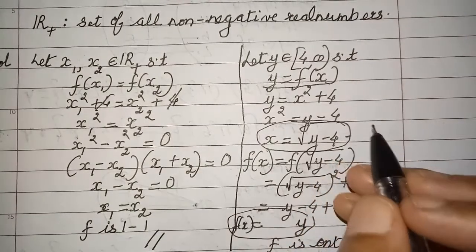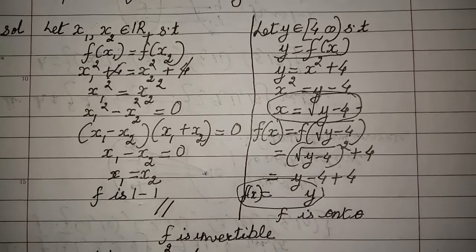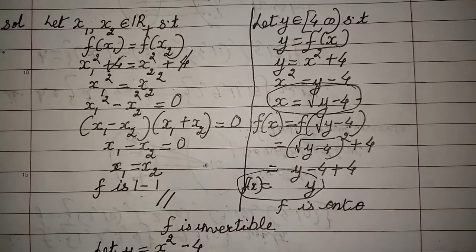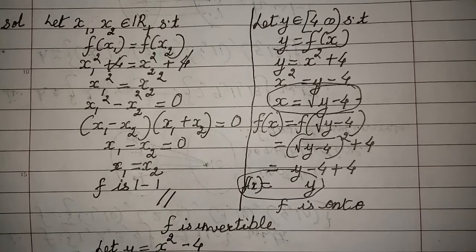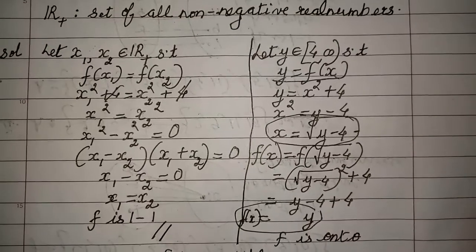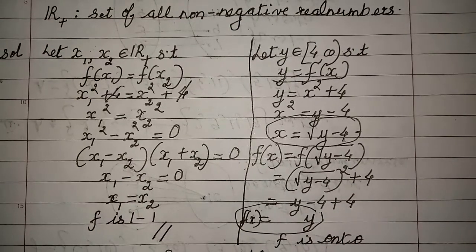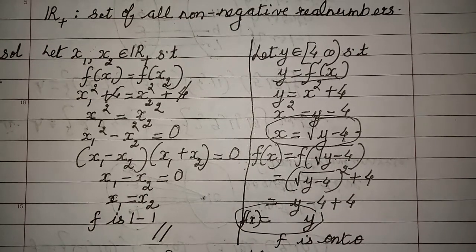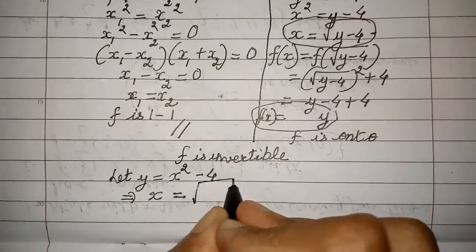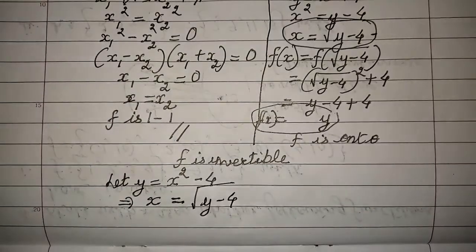So what will happen, children? This will mean that my x is of the type square root of y minus 4.